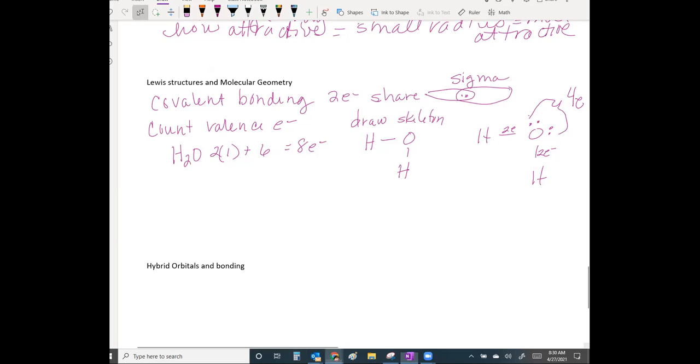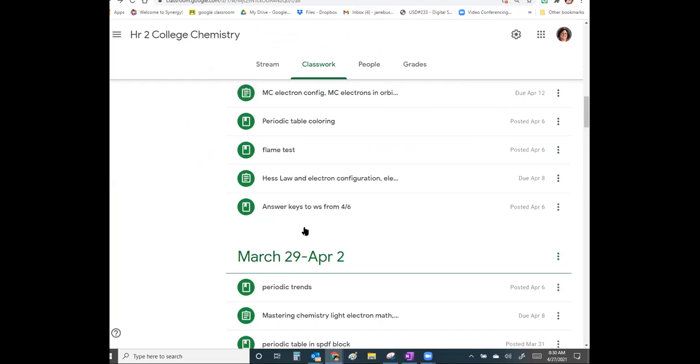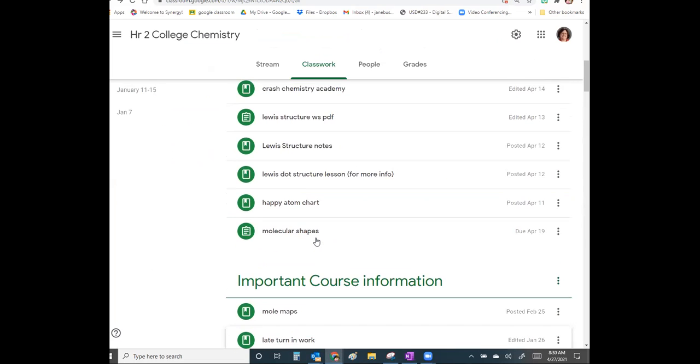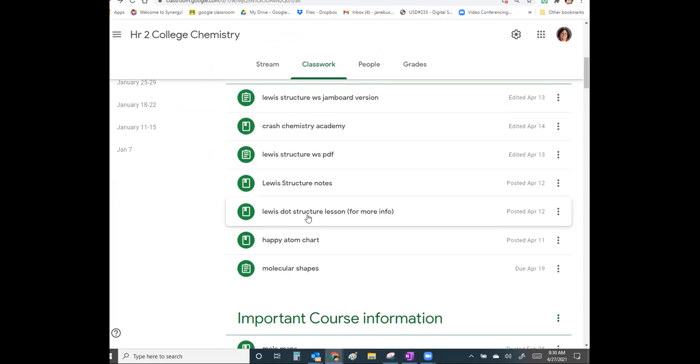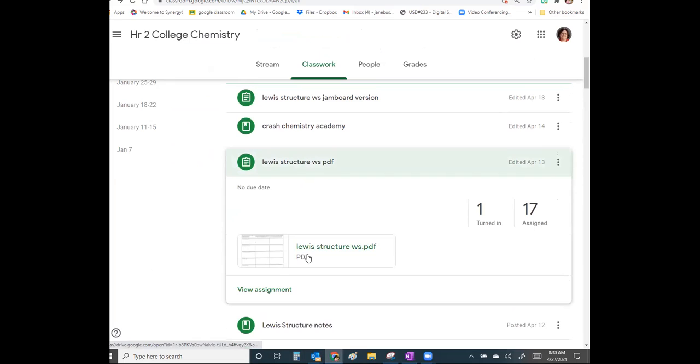Here's your happy atom chart. Here's instructions on how to do a Lewis dot structure. That was just another video I found. Here's Lewis structure worksheets. There's a PDF.